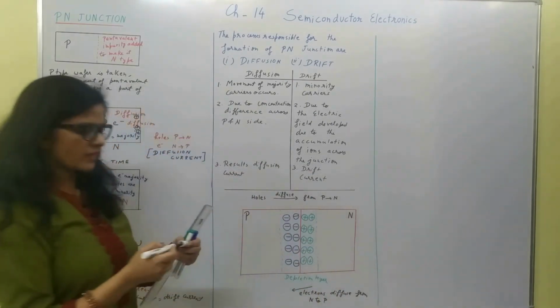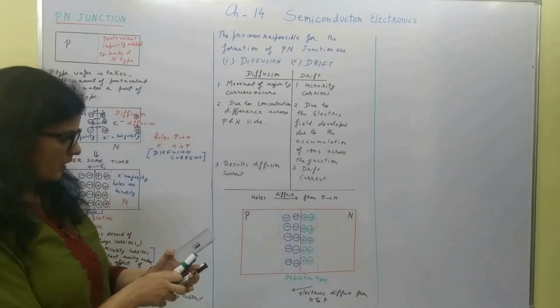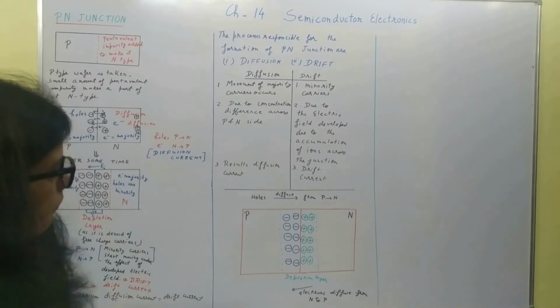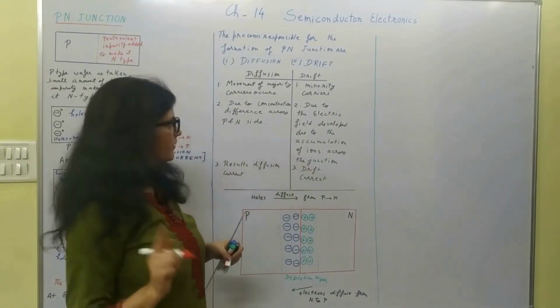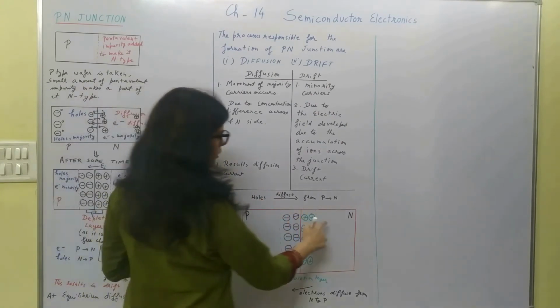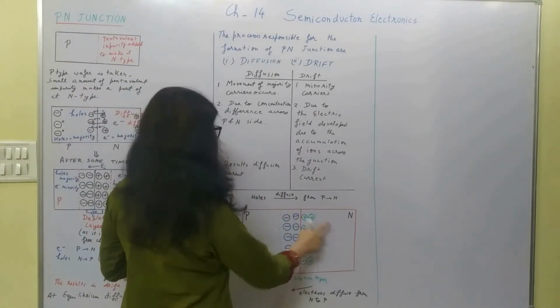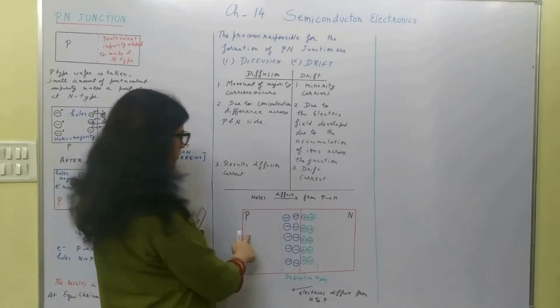Because here electrons are the majority carriers, and then drifting of minority carriers occurs. So here what are minority carriers? Holes, and here electrons are minority carriers.